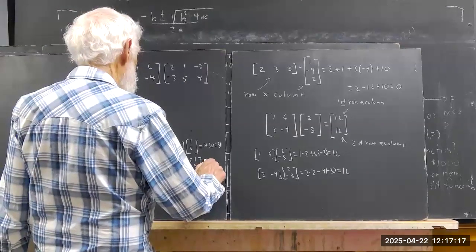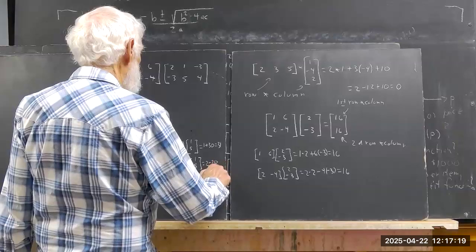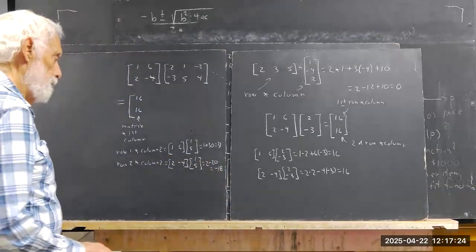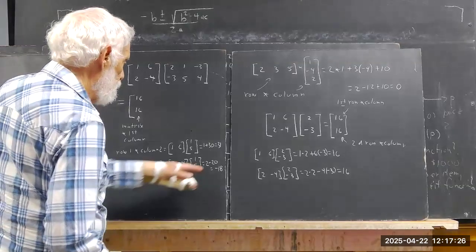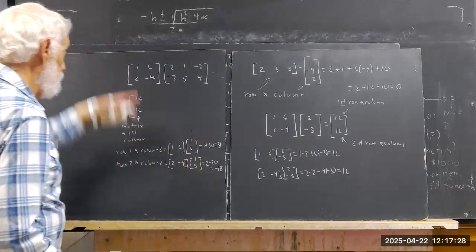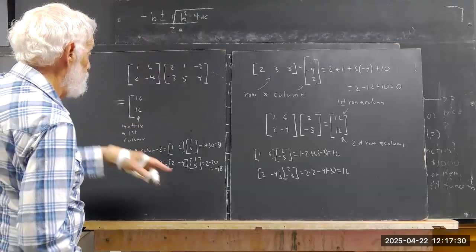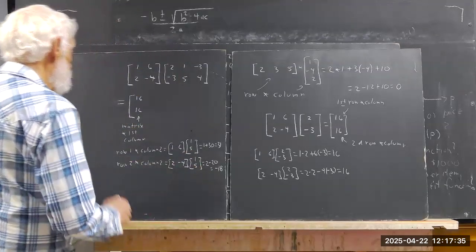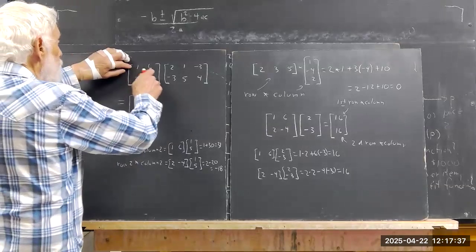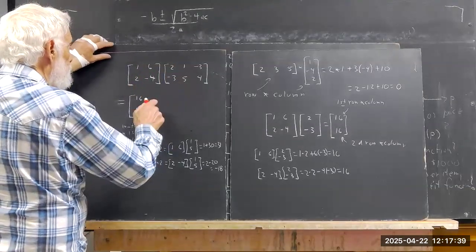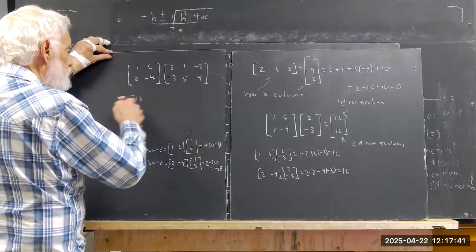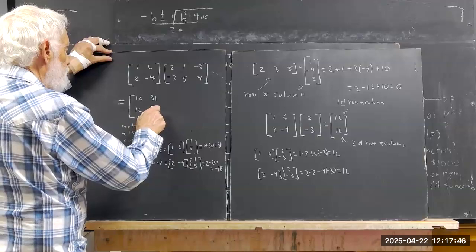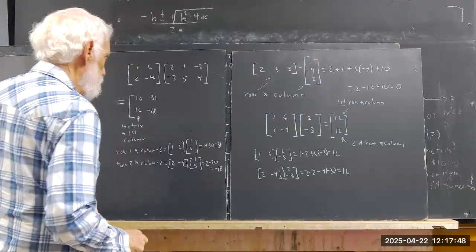That's going to give me 2 minus 20, which is negative 18. So I'm getting 31 and negative 18. This row times this column gives me 31. This row times this column gives me negative 18. Row 1 times column 2 is going to go, well, it's going to go here. I'll say how that works. We get 31 and negative 18.